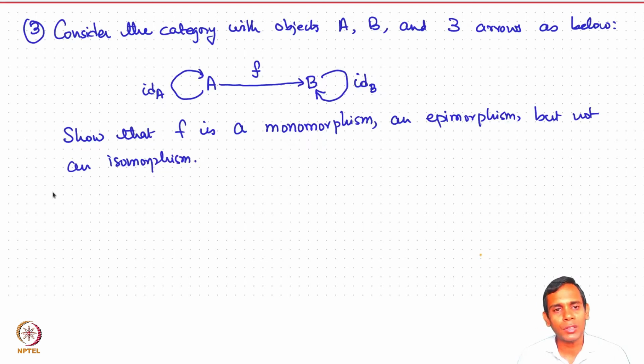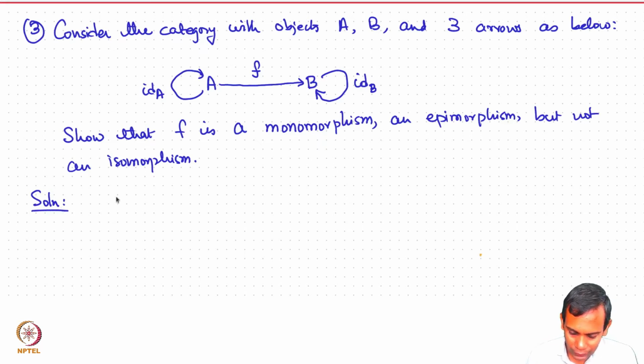Okay, so just pause your video and think about this. You need to maybe go look up the definitions of monomorphism and epimorphism and isomorphism, and then try to solve this problem. If not, you can watch me explain the solution. This is just a matter of definition. So recall what it means for F to be a monomorphism.